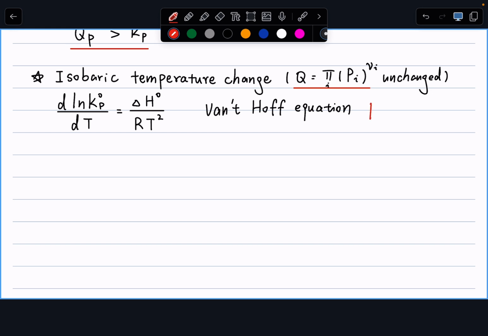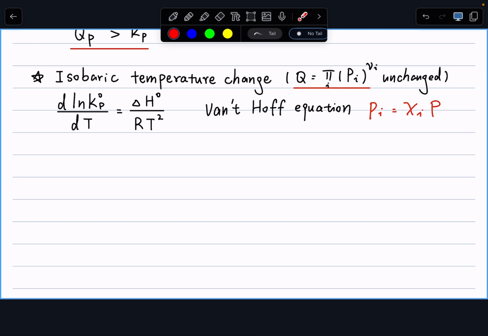If you think about it, we have an isobaric temperature change, so my Pi, the instantaneous partial pressure of each species, equals chi i times total pressure P. We're not adding anything into my reaction mixture, and the total pressure is constant, so the partial pressure of each species will remain the same. Changing the temperature doesn't change the reaction quotient.